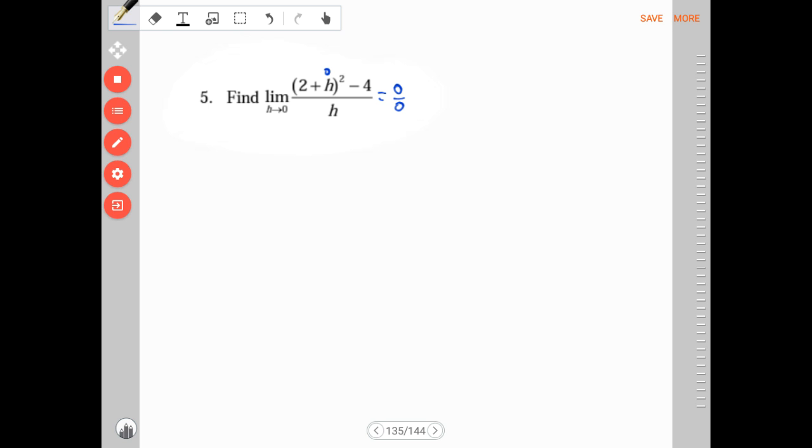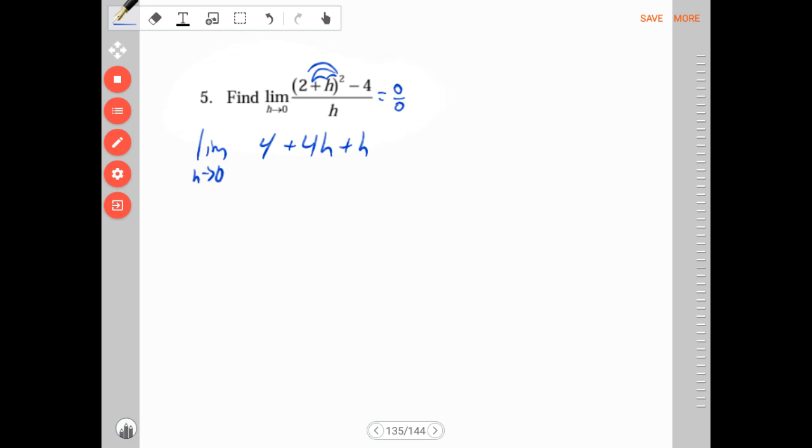Okay, so now I'll erase this. Now what we do is we have to simplify this out. So that just expands. We end up with the limit as h approaches 0 of 4 plus 4h plus 4h, my goodness, that's funny.